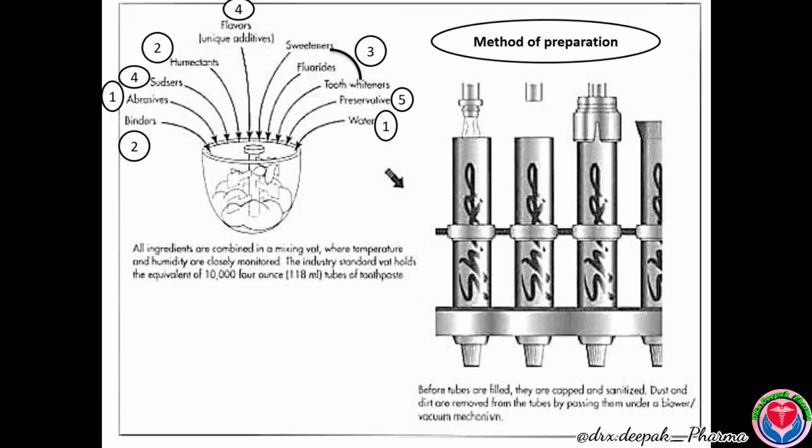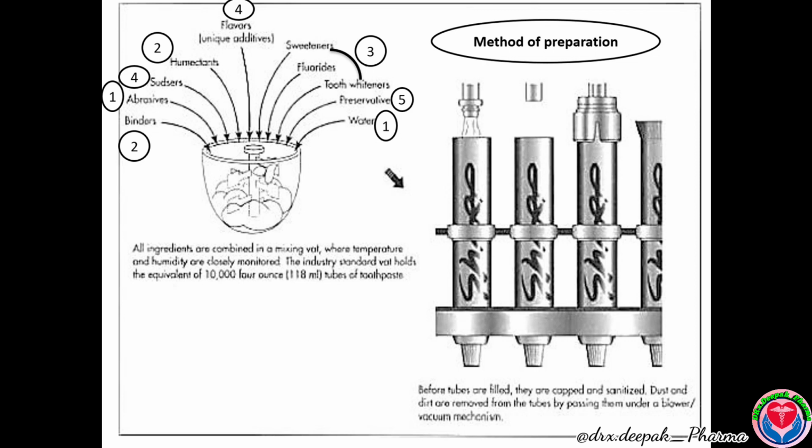Firstly, we have to add the abrasive, then the binder, then we add the sweeteners, tooth whiteners, and fluoride. After that, we add the flavoring agents, and then the preservative.